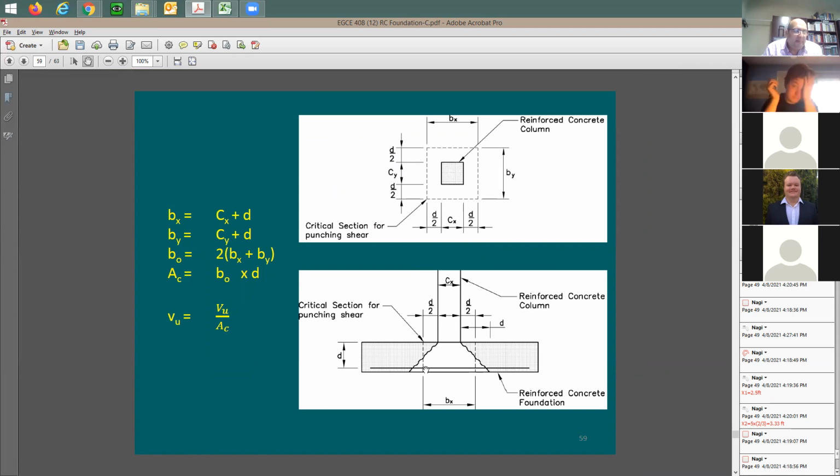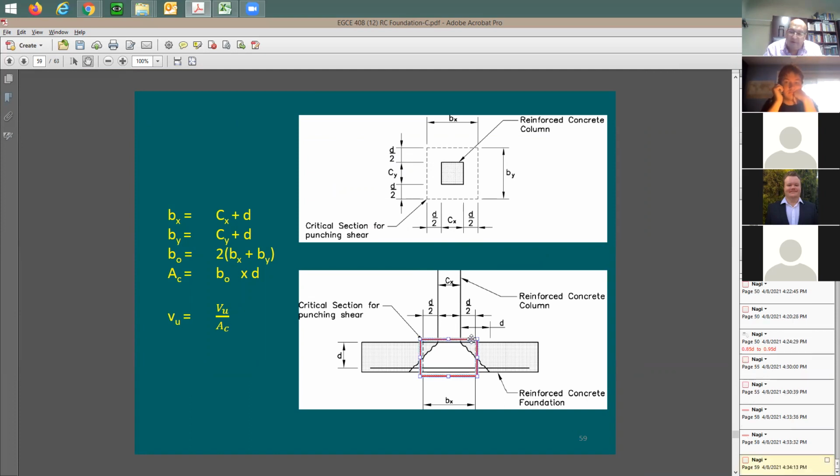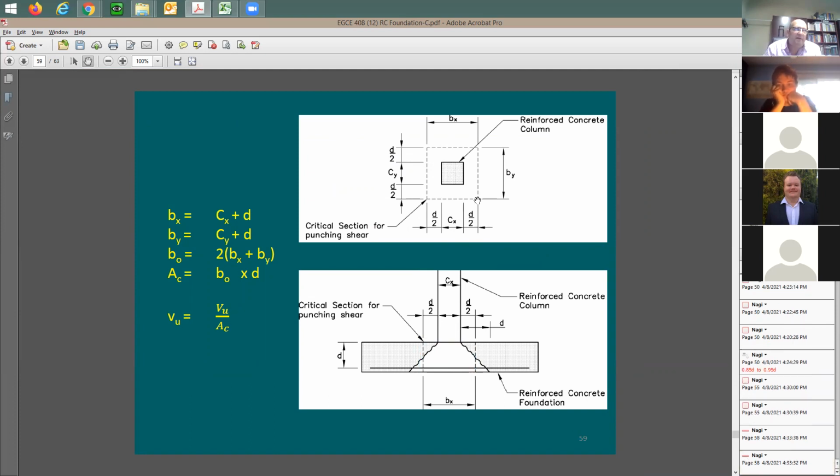So now, think about this section that you're going to be cutting, right? Which is this piece here, you're going to be cutting out of the concrete. Actually, what you're cutting through is going to be this surface area of the concrete where the column intersects with the slab. This dimension, I'm going to call it bx, the dimension for the shear section in the x direction, and this is going to be by.